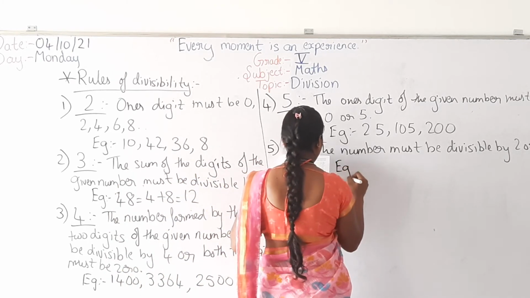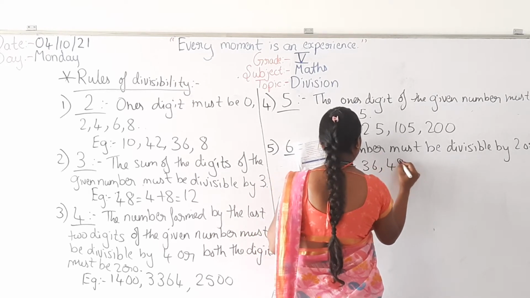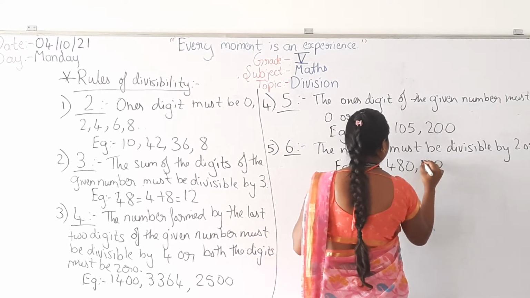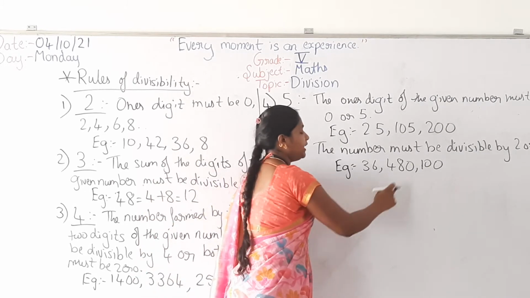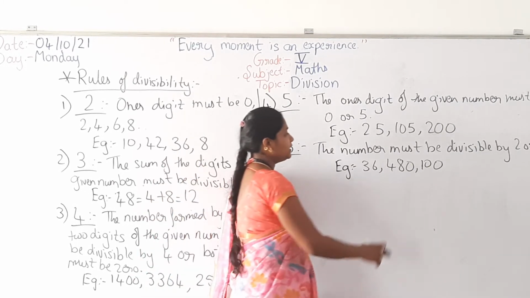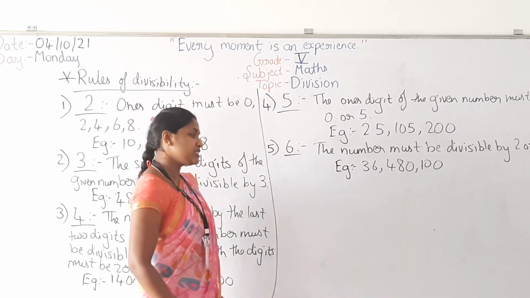Example, 36, 480, 100. See, this given number is divisible by 3 and this 480 is divisible by 2 and this 100 is divisible by 2. That means its divisor is 6.